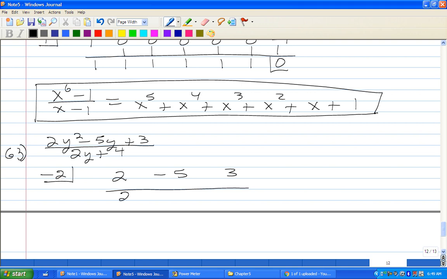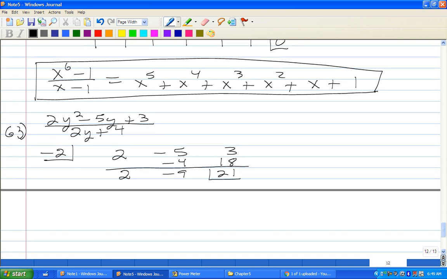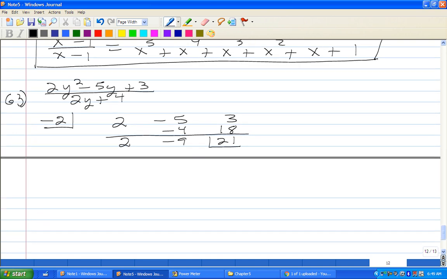Drop down the 2, times negative 2 is a negative 4. Negative 5 minus 4 is a negative 9. Times negative 2 is 18. Plus 3 is 21. And so now I didn't divide by 2 at the beginning, but I'm going to have to divide by 2 now.